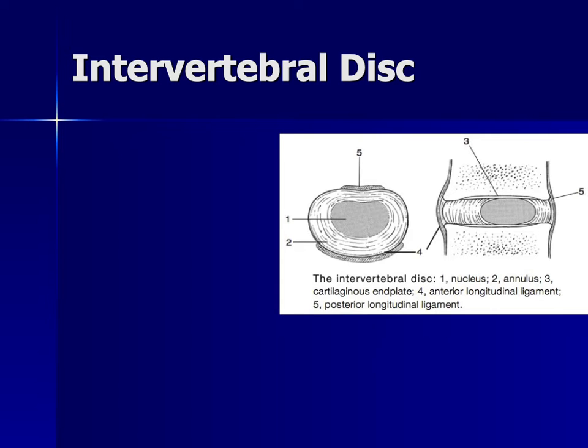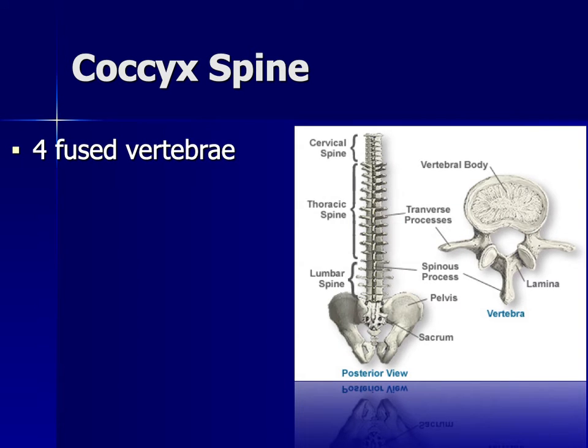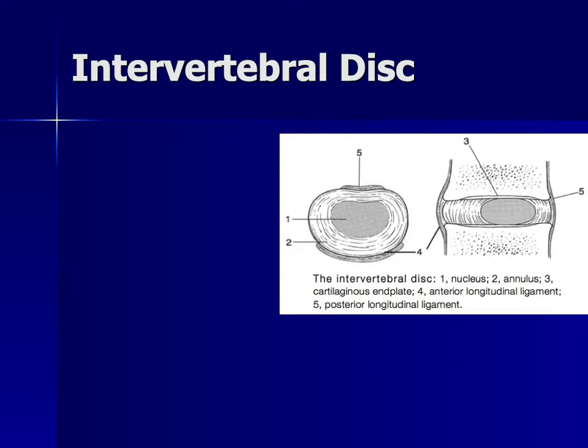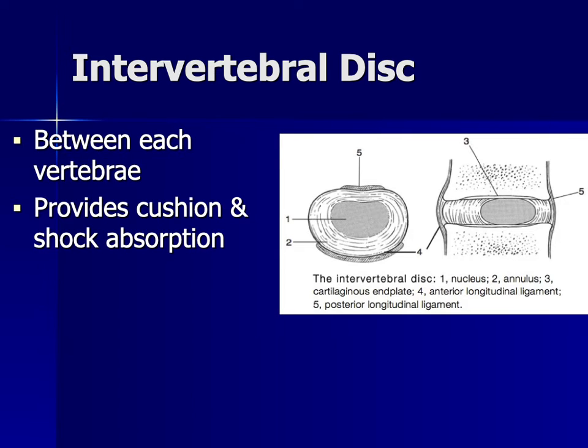Now, between each vertebra, there's an intervertebral disc. It provides cushion and shock absorption. This is what keeps our bones from hitting each other. And it's made up of 2 main components. I think of the intervertebral disc as a jelly donut.